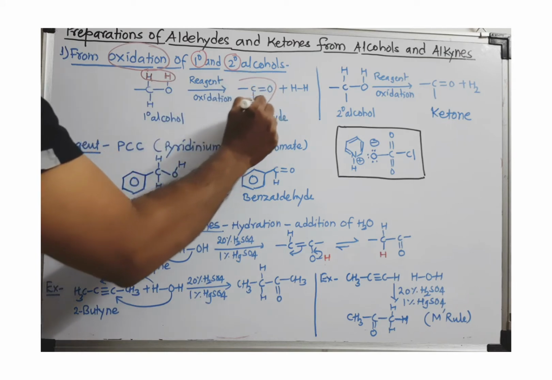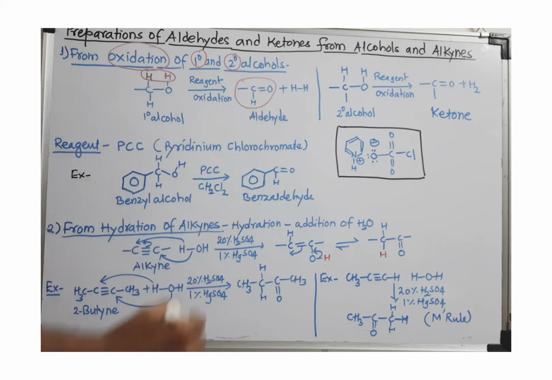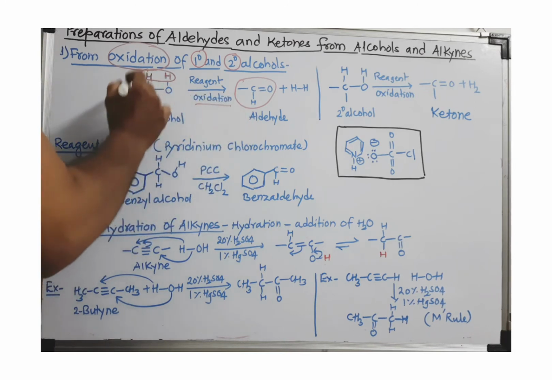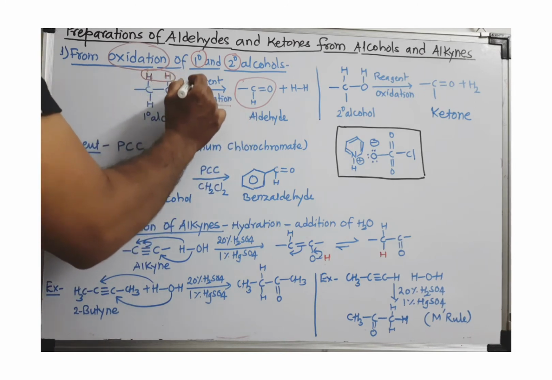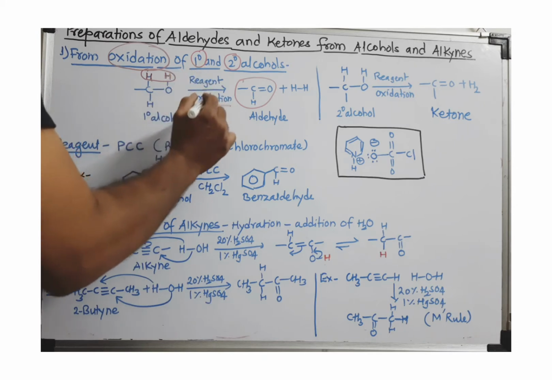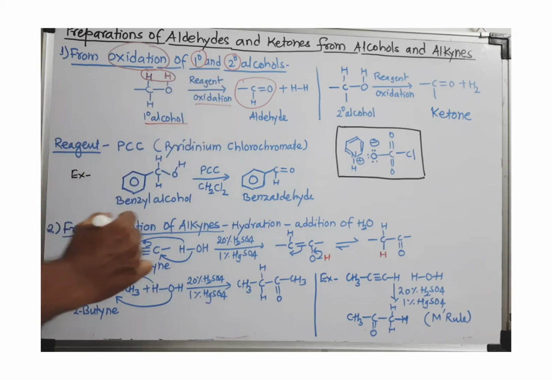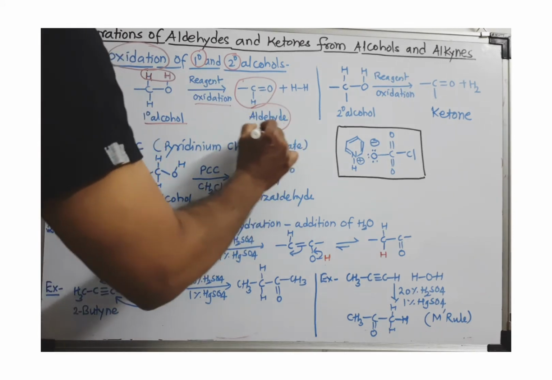You will get this carbonyl compound. So removal of hydrogen is nothing but oxidation, and you perform this reaction using a reagent. If a primary alcohol is used, you will get an aldehyde.